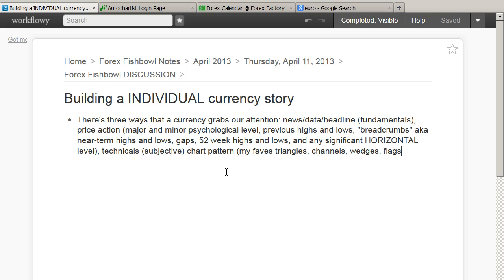Okay, so chart patterns. What else would catch our eye? Of course, significant, well-followed SMAs, simple moving averages. So now we're talking about the 20, the 50, the 200 daily SMAs.